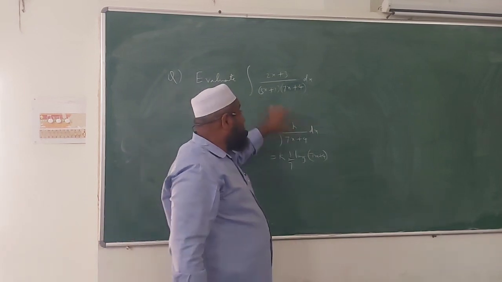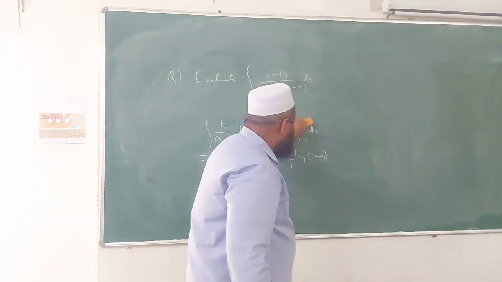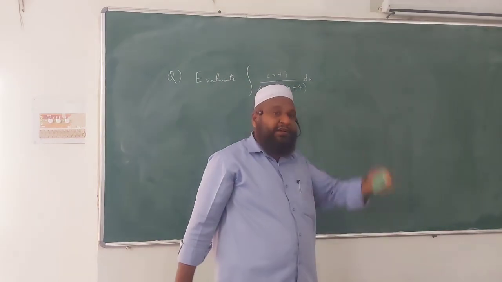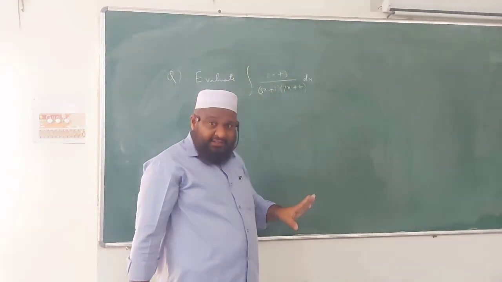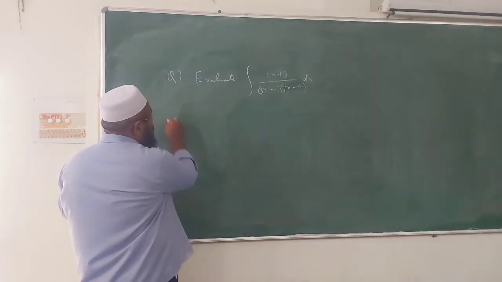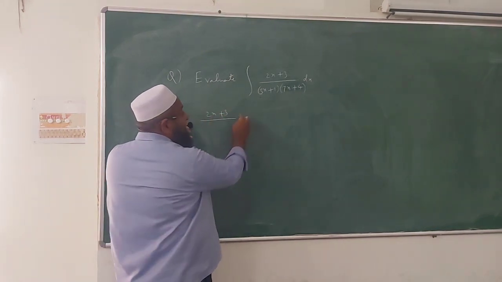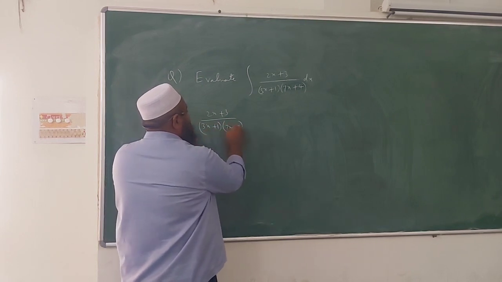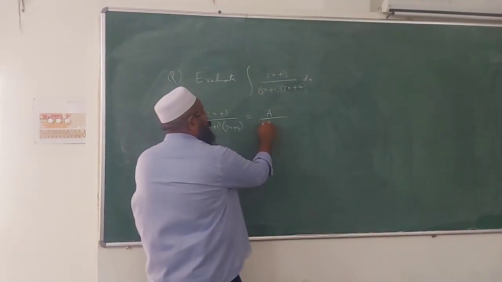If separate terms are there like this, then we can calculate the integral so nicely. But here it is in the form of a fraction where numerator is one function of x, not a constant, and denominator is a product of two functions. So we use partial fractions. Let 2x plus 3 divided by 3x plus 1 into 7x plus 4 is equal to some constant a by 3x plus 1 plus b by 7x plus 4.